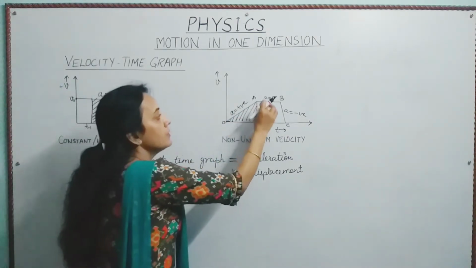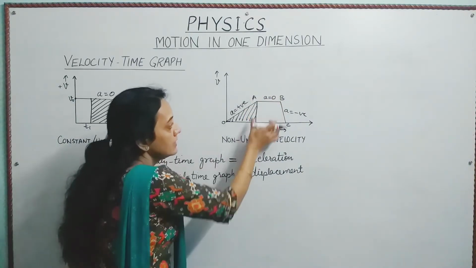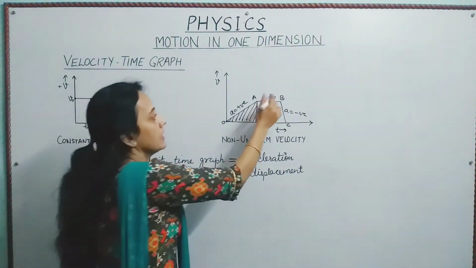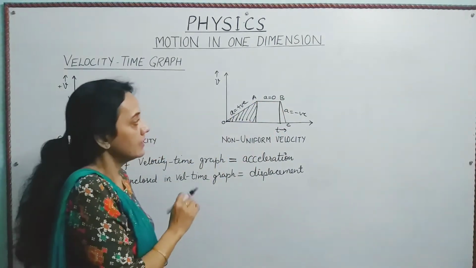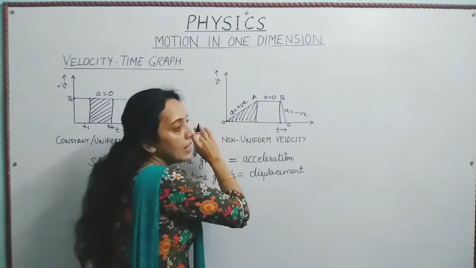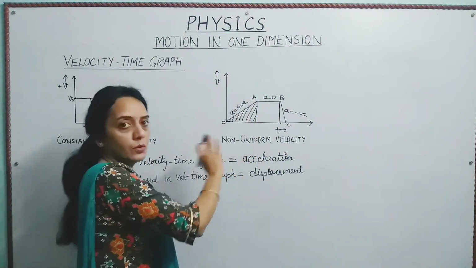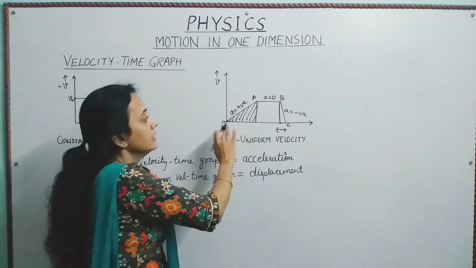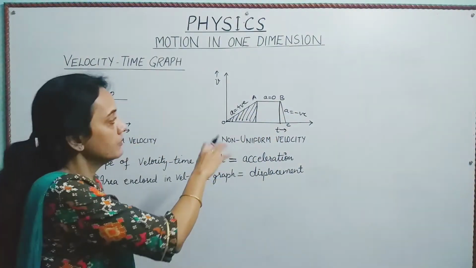Now if you have to find the displacement during AB, you will find the area of this rectangle. Same way, if you have to find the displacement in the whole journey, then you have to calculate the area of the total figure.